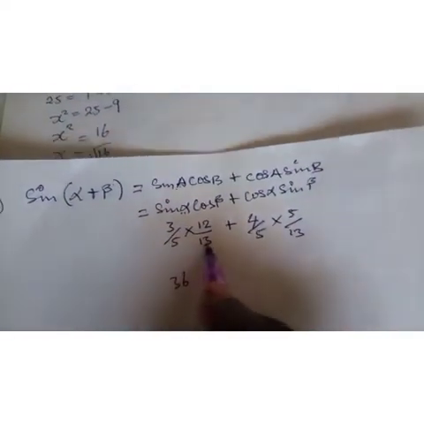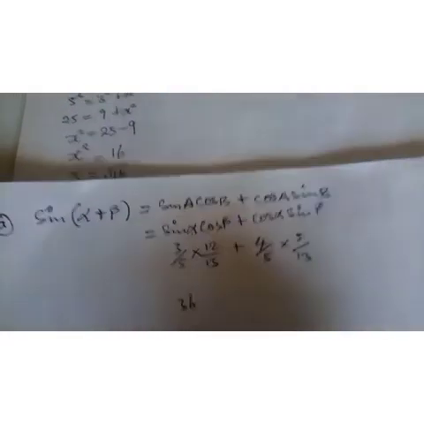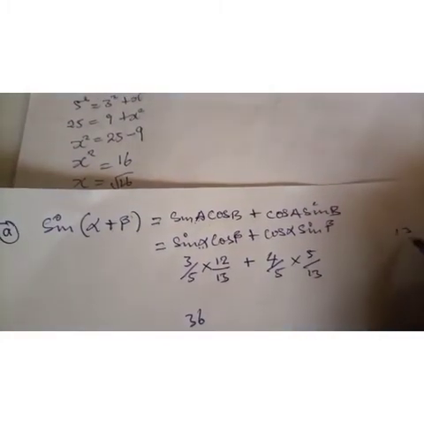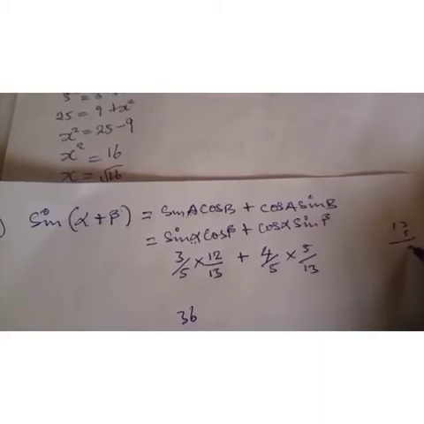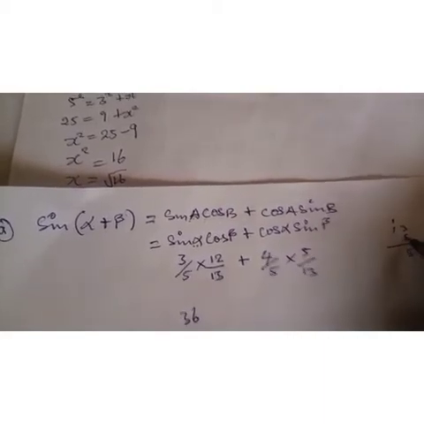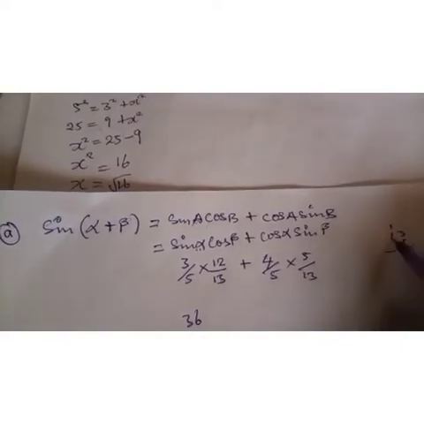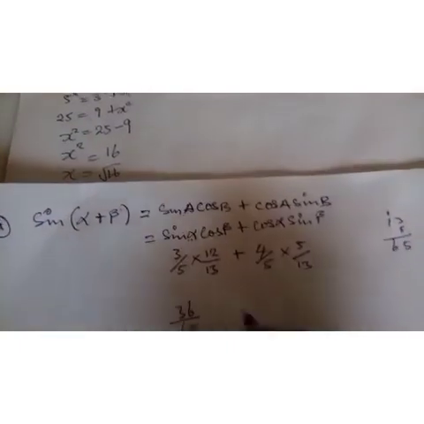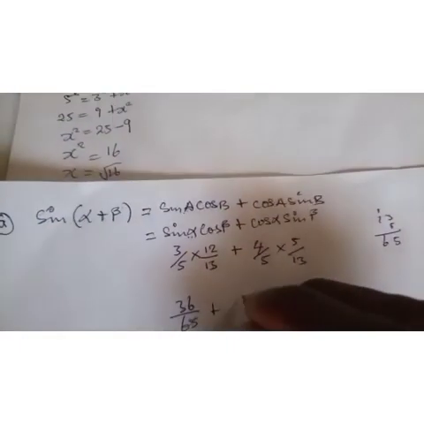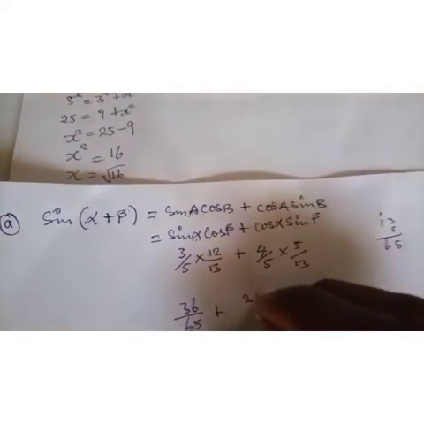And 5 times 13: 5 times 3 is 15, you put 5, carry 1, and 5 times 1 is 5 plus that 1 is 6, so 65. So it will be 36 over 65 plus 20, 4 times 5 is what?